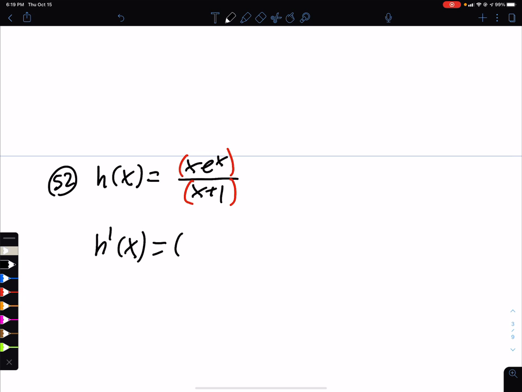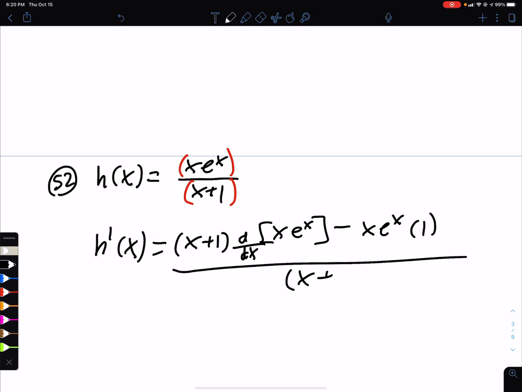So we have low, that's easy. D high, that's not so easy. So I'm going to write that as the derivative of the high minus high, that's easy. D low is just 1 all over low squared.